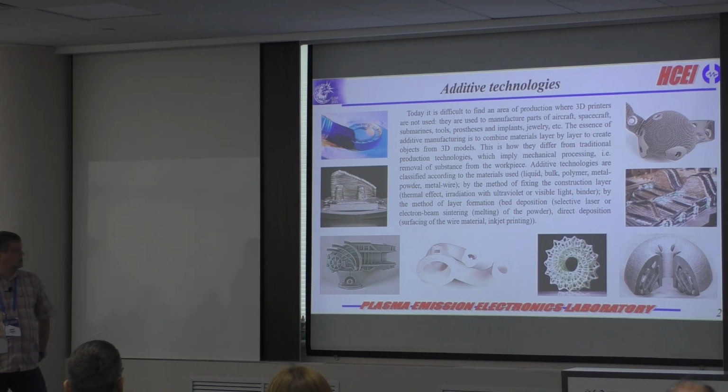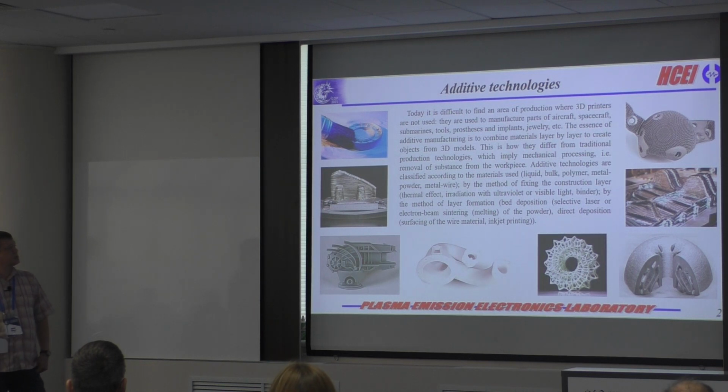Additive technologies are classified according to the material used. They are liquid, bulk, polymer, metal powder, metal wire. By the method of fixing the construction layer: its thermal effect, irradiation with ultraviolet or visible light, binding. And by the method of layer formation: bed deposition and direct deposition.